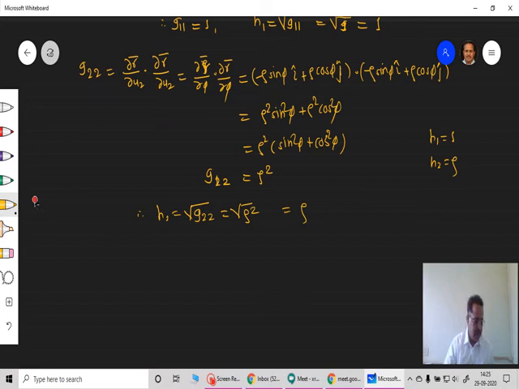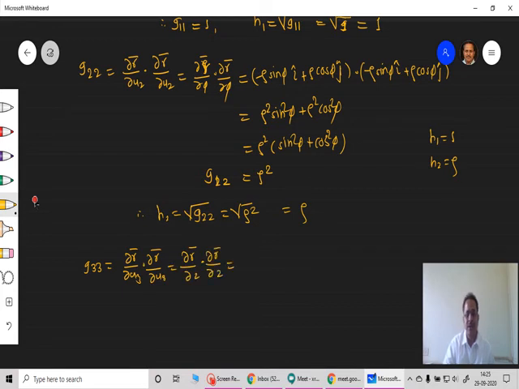And calculate G33, which is del r bar upon del u3 dot del r bar upon del u3. Here it is del r bar upon del z dot del r bar upon del z.